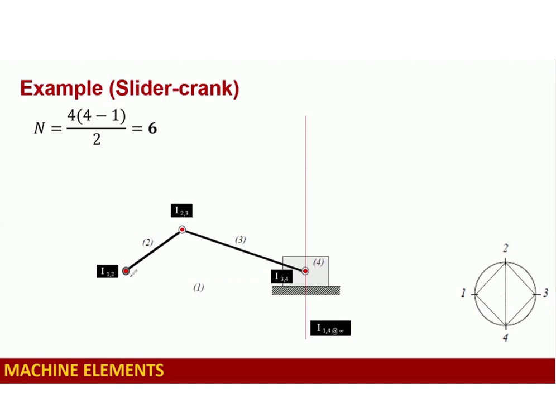So our 1 to 1, 4 is actually between the ground at infinity, and then we have 1 to 1. So parallel to this instantaneous center here. Again, our sliding is considered as an infinite rotation along the horizontal.